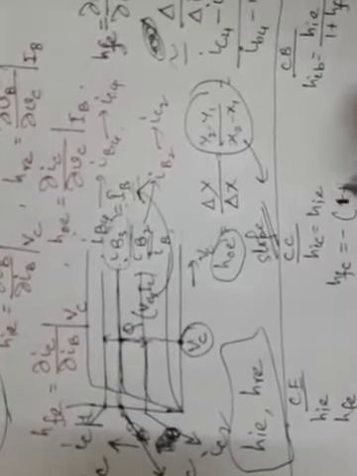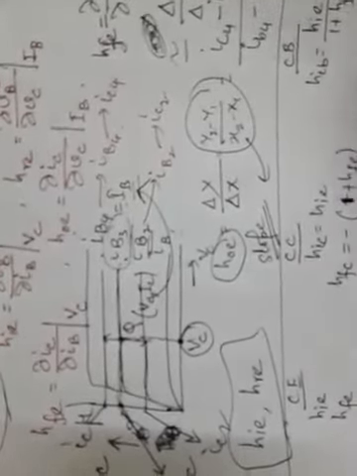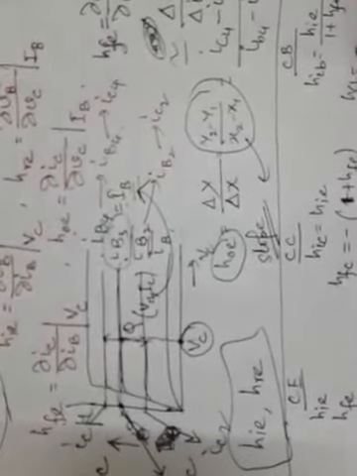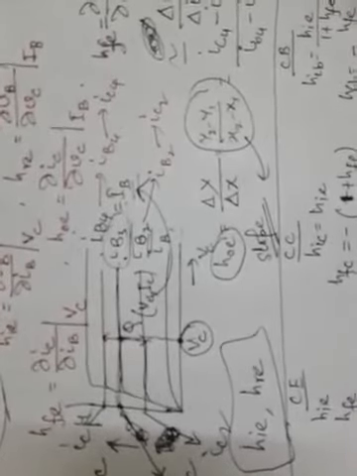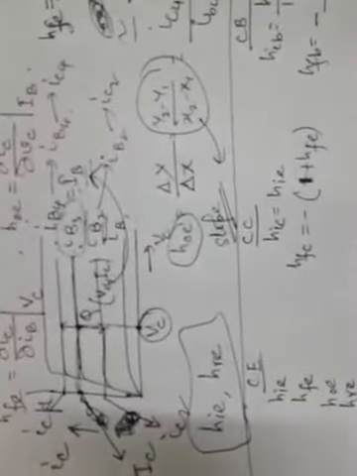Now let us see HFE with HFC and HFB. HFC is minus 1 plus HFE, and HFB is minus HFE by 1 plus HFE. So this is the corresponding relation between HFE, HFC and HFB.